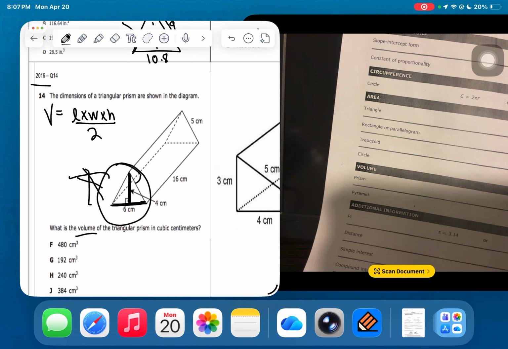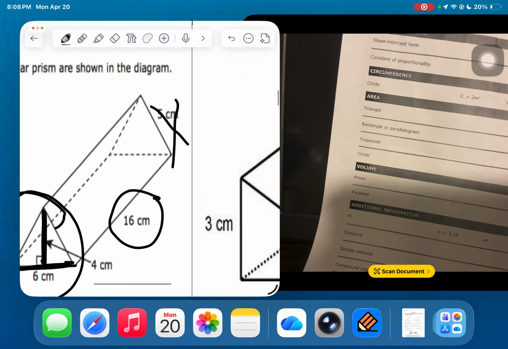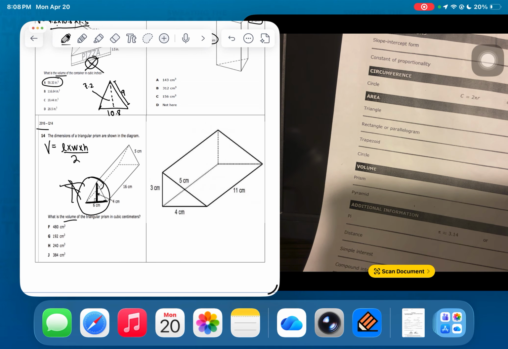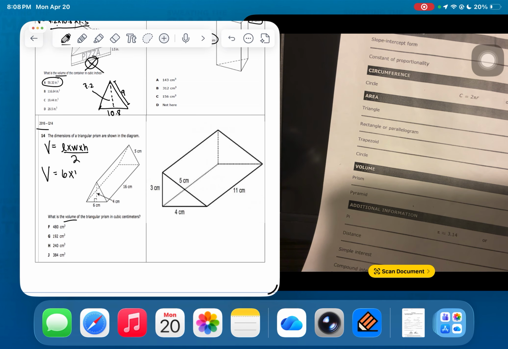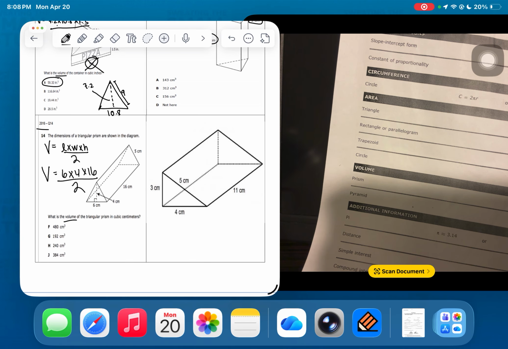So the measurement I need is 16. I'm going to delete 5. And again, notice how that 5 is just this side of your triangle. We do not need that side. Okay? So then, you're going to multiply your 3 numbers, and I'll let you find the answer. So I need to multiply 6 times 4 times 16, and I'm going to divide everything by 2.